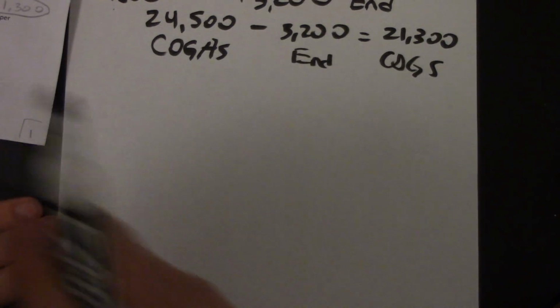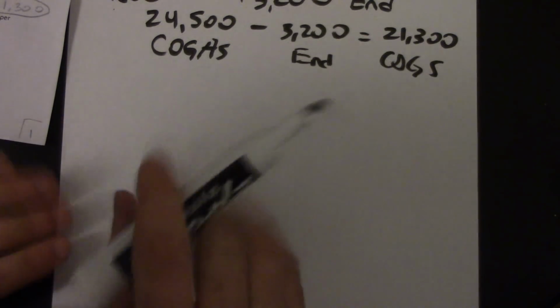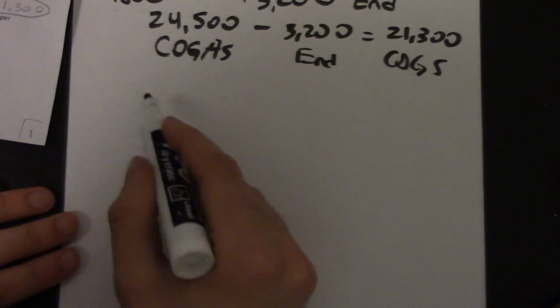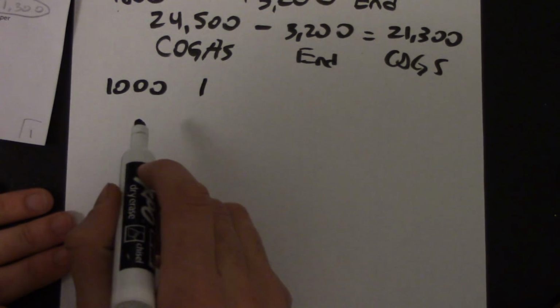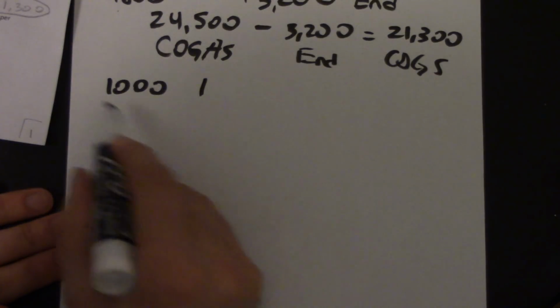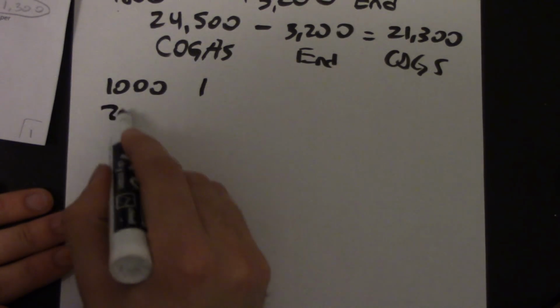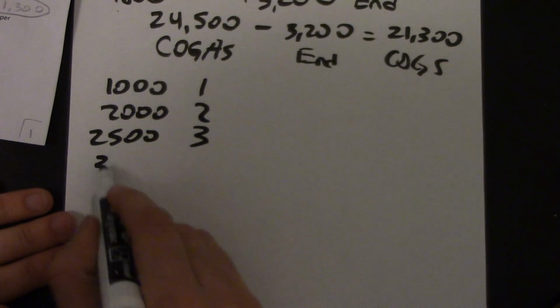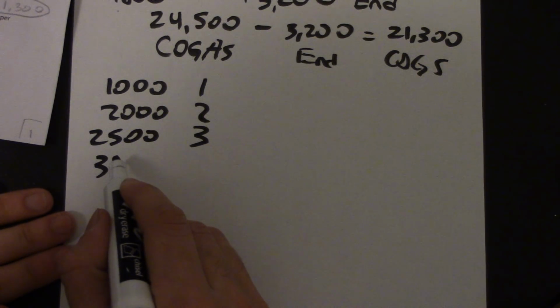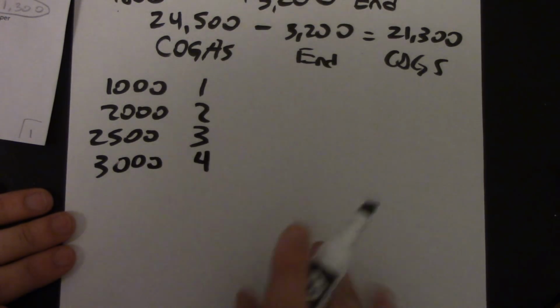Again, periodic we update at the very end. So we record, as we've been doing, all the beginning inventory and the purchases. So 1,000 at 1, 2,000 at 2, 2,500 at 3, 3,000 at 4.